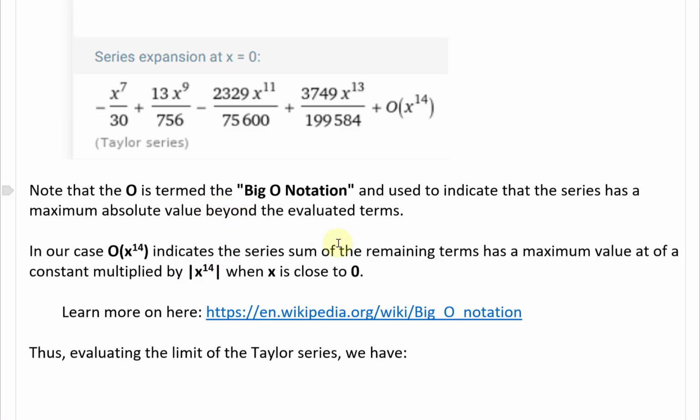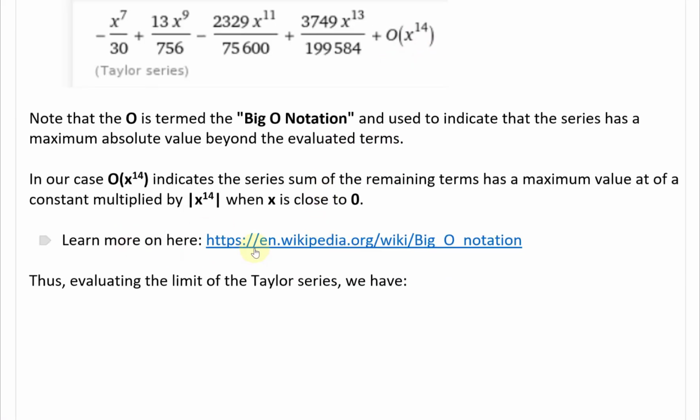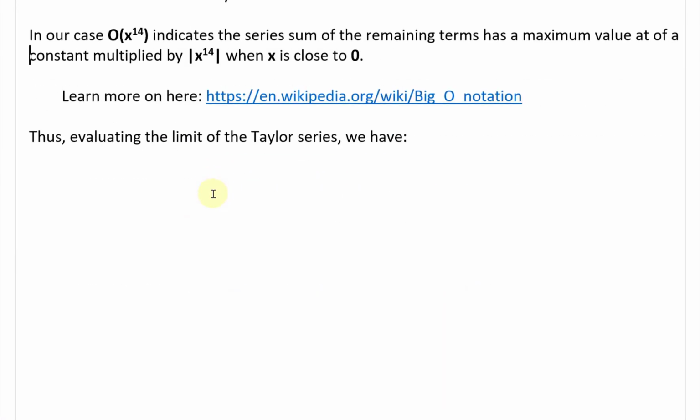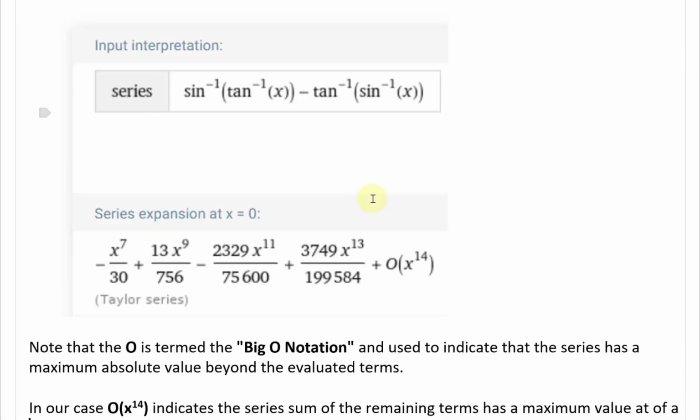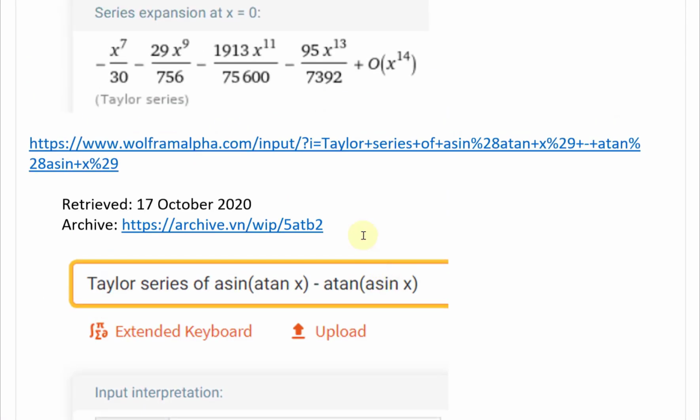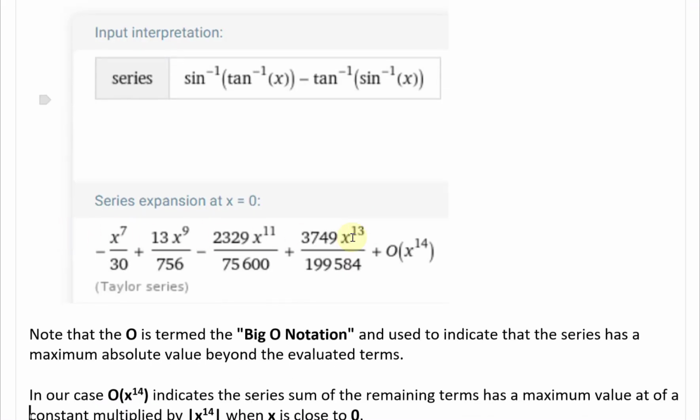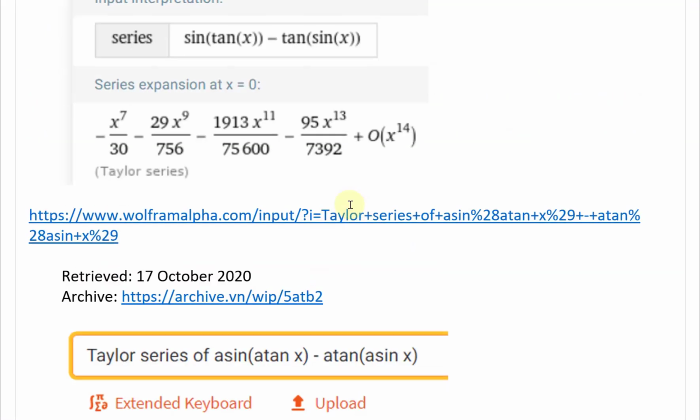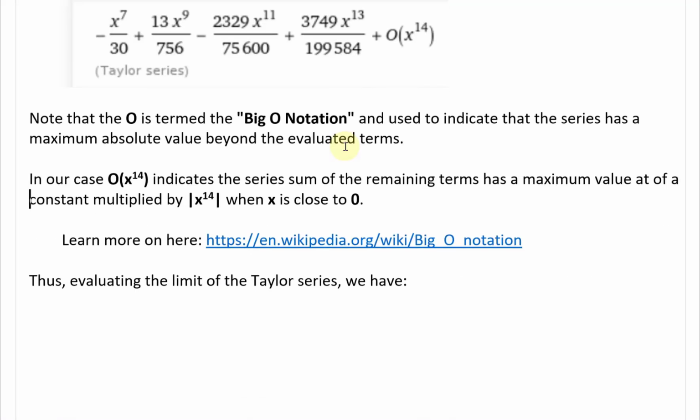Whatever x is, it's going to be a constant multiplied by x to the power 14, when x is close to 0 in our case. You can learn more at Wikipedia with big O notation. I've not covered that earlier, but you don't need this. This is just to show a maximum or limiting factor of the series. So the infinite series is at maximum this, and the other one is at maximum this one, for this type of series that converges.